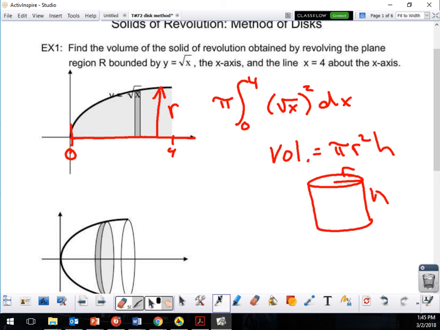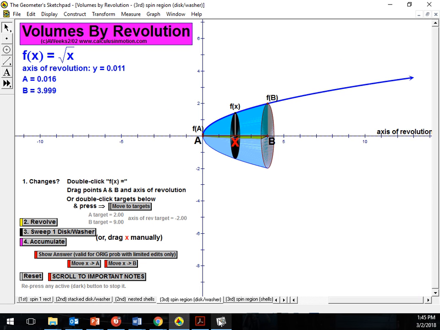What would be a real world application of this? We're finding the volume of some shape. A lot of the stuff in the book is actually like machining, or like a pool.